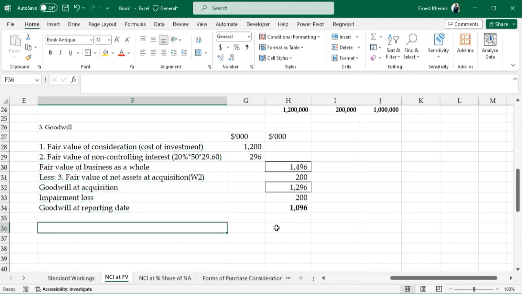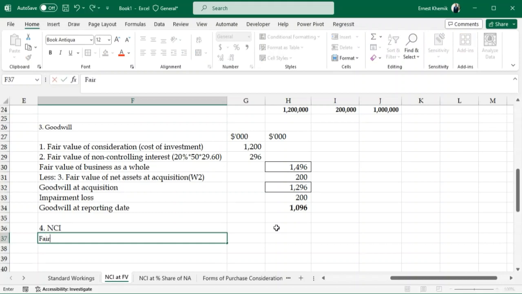Alright, so let's continue. Let's continue to now the non-controlling interest. Let me just shorten it NCI, which is actually an acceptable form. For the NCI, first of all, we start with the fair value at acquisition.